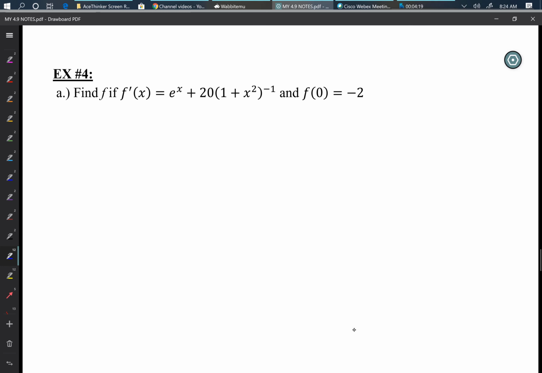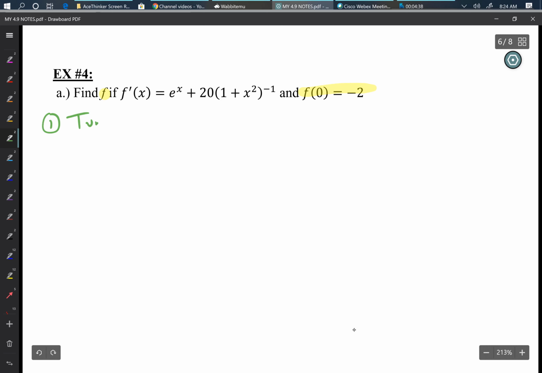They can get harder. They could look like this. What does this tell me? Well, it tells me to find a function f if the first derivative is that mess and it has an initial condition f of 0 is negative 2. Let's think of this in terms of steps. What would step 1 be?